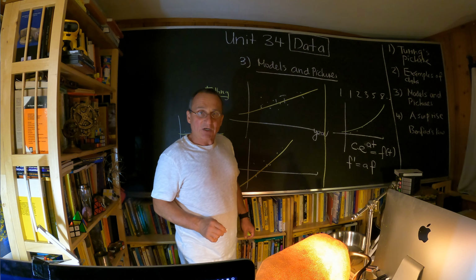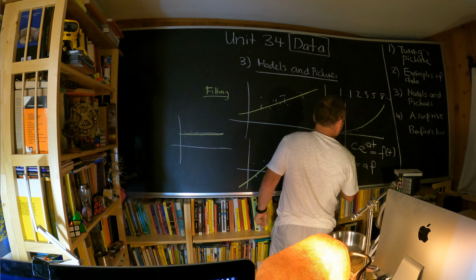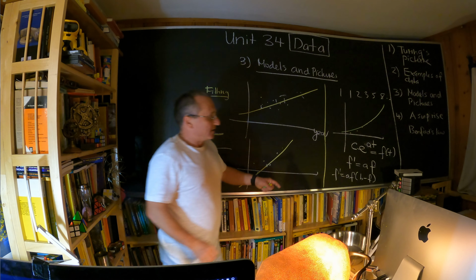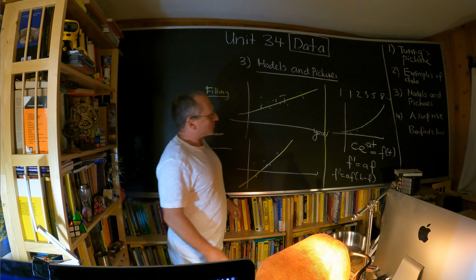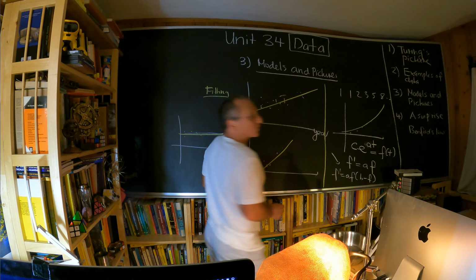Now, if you replace it with f prime equals af times (b minus f), then this will be logistic growth. It will eventually just stagnate, and that's typically what happens with populations.